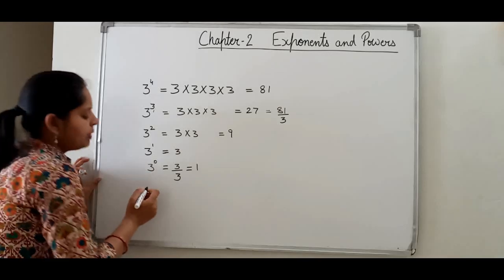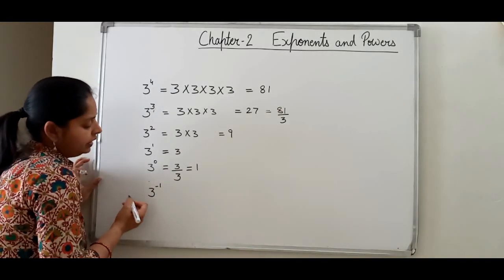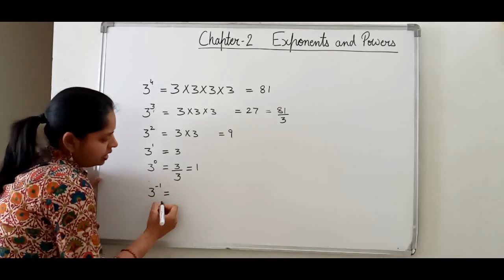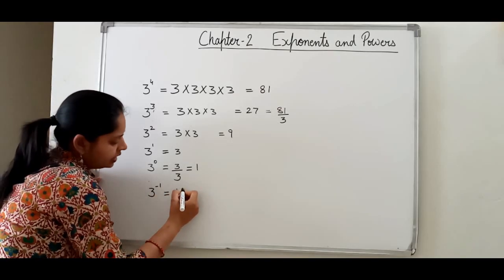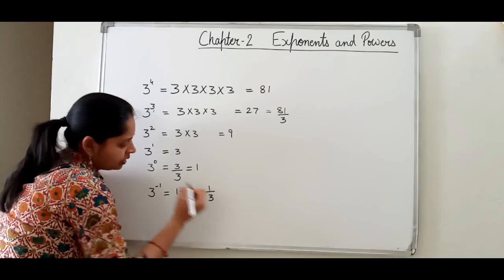Now comes the case if the power is negative, 3 to the power minus 1. Then what should be the answer? This should be equal to 1 divided by 3, that is equal to 1 upon 3.